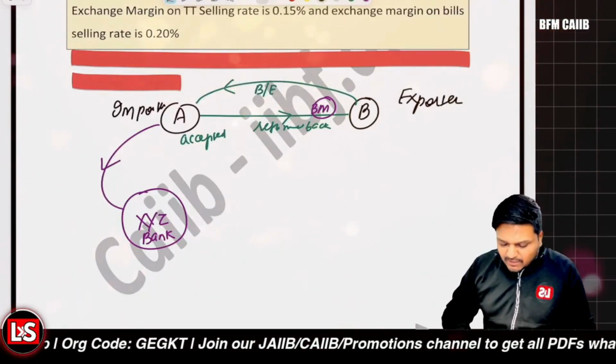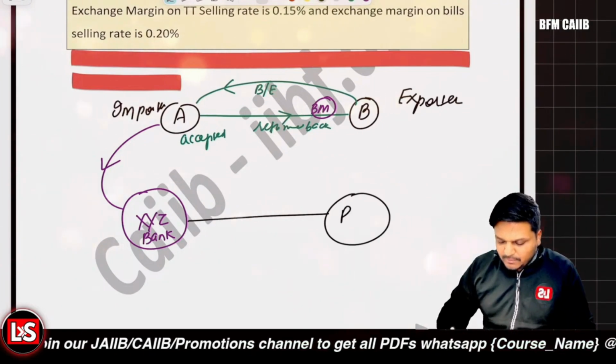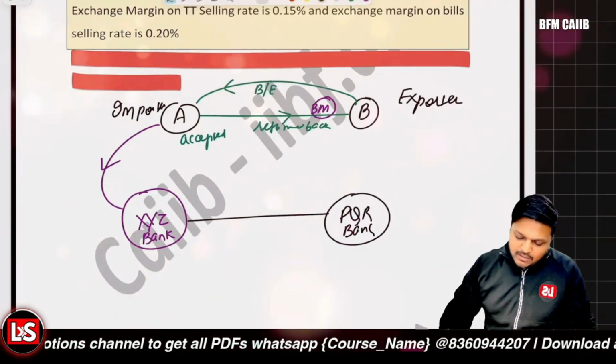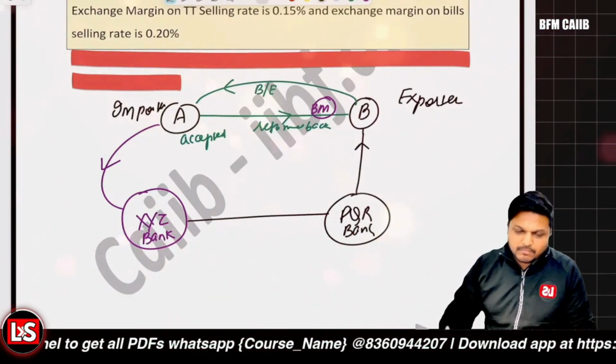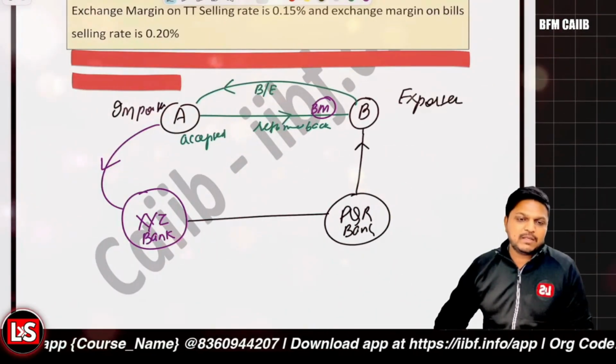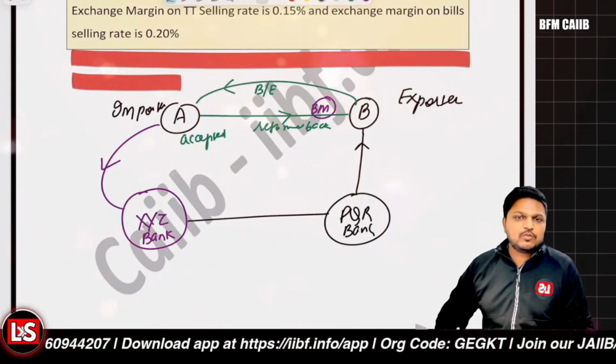So XYZ bank will be connected with the counterpart in B's country. Let's say it's PQR bank. And the amount shall be paid to person B here. So this is the transaction.